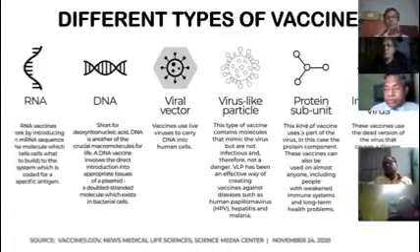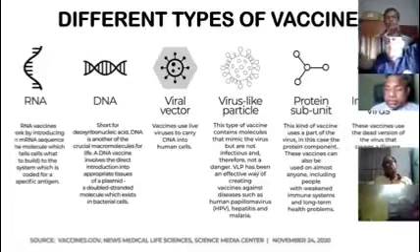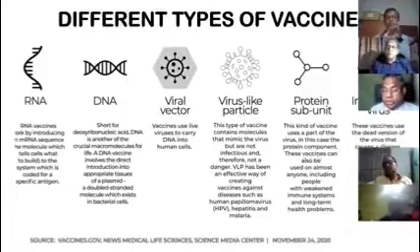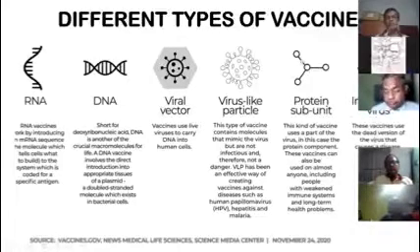Protein subunit: this kind of vaccine uses part of the virus, in this case a protein component. These vaccines can also be used on almost everyone, including people with weakened immune systems and long-term health problems. Then you have the inactivated virus itself: we can inactivate and use a dead version of the virus.